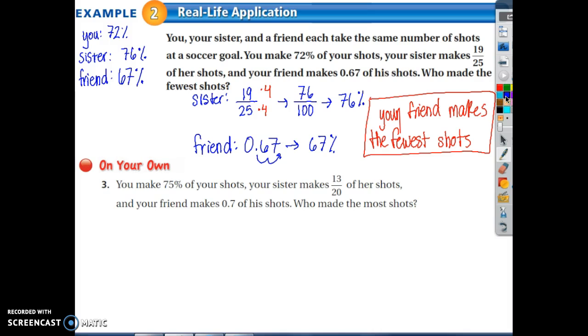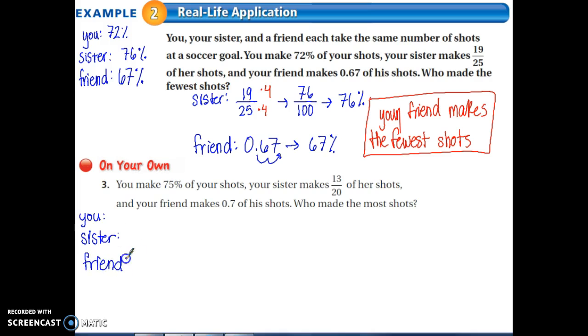Again, we have you, your friend, and your sister making shots on a soccer goal. We need them all as percents, all as decimals, or all as fractions, whatever you prefer. I'm going to go ahead this time and do them all as decimals. So you, your sister, and your friend. You make 75% of your shots on the soccer goal.